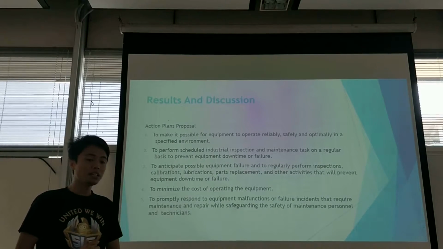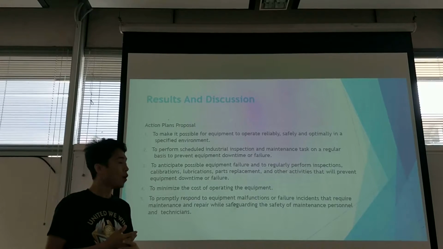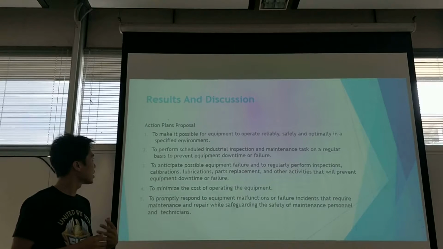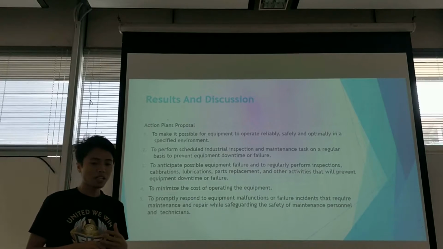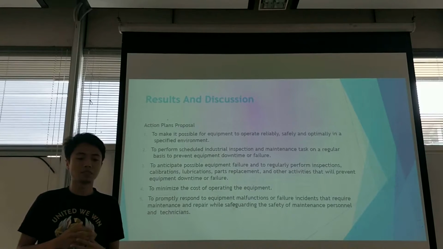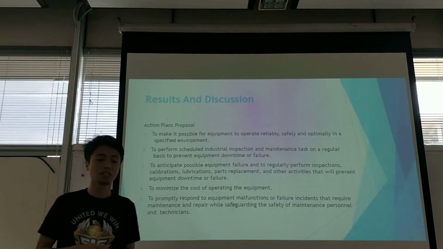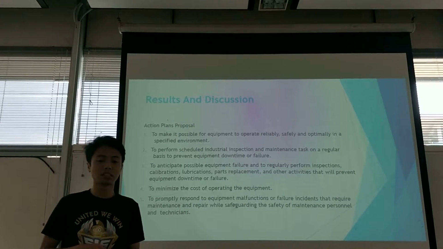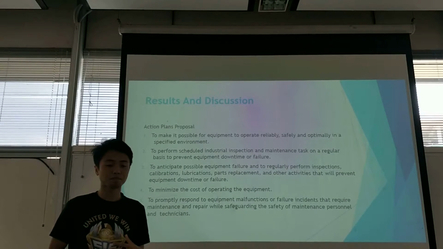Okay. Then for the action plan proposal, we try to make it possible for equipment to operate reliably, safely and optimally in a specific environment. Second, to perform scheduled industrial inspection and maintenance tasks on a regular basis to prevent equipment downtime or failure.